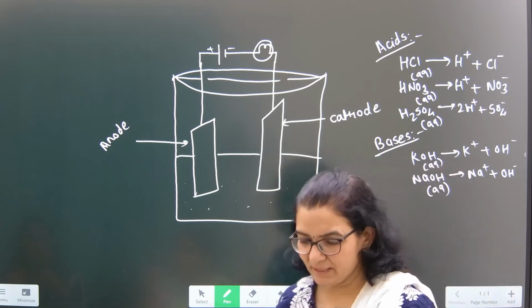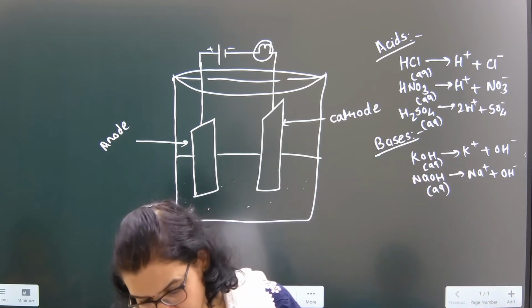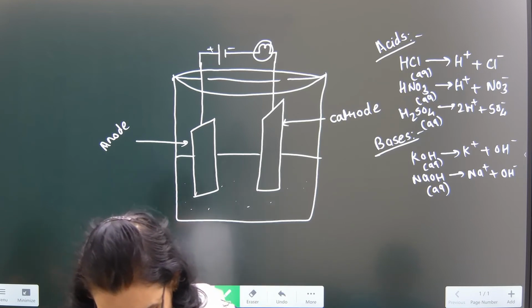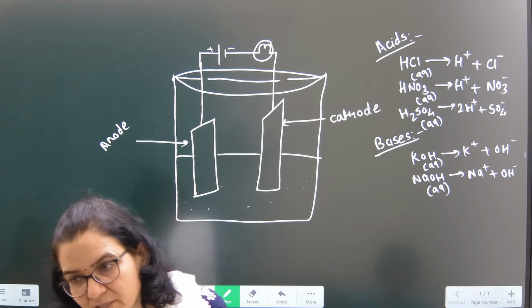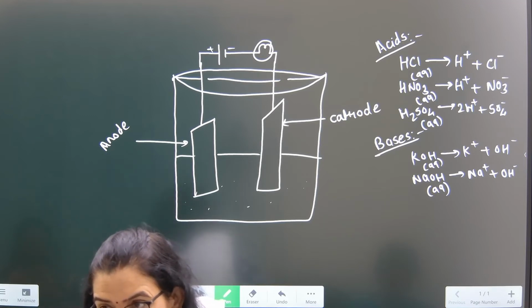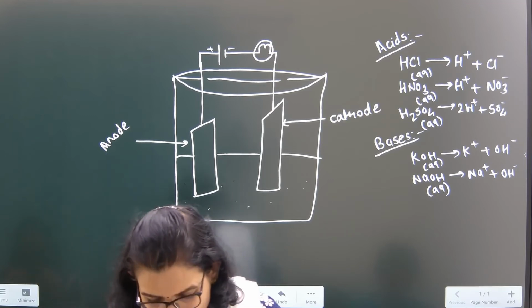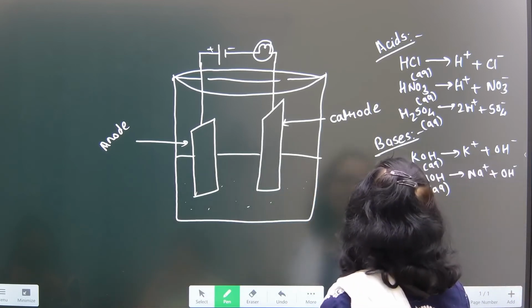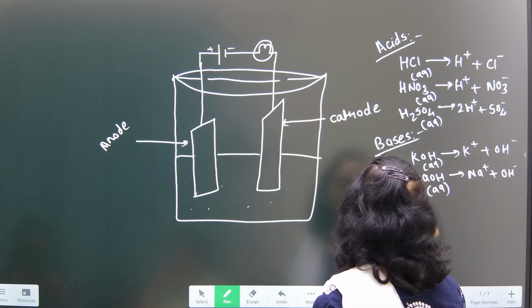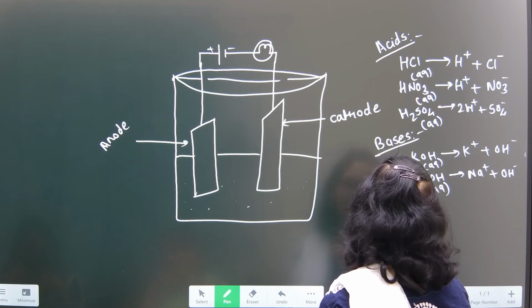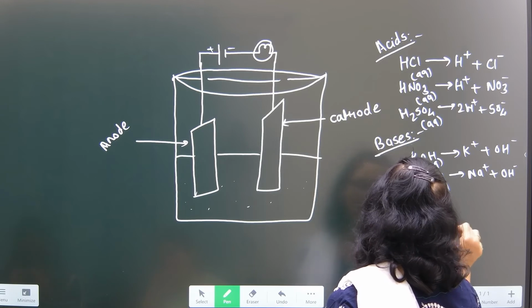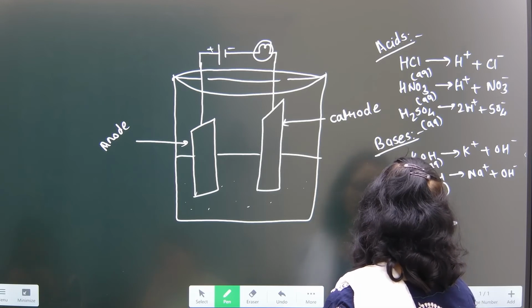Okay. Then what about the salts? The different salts, strong electrolytes: lead bromide, copper chloride and silver nitrate. Lead bromide PbBr2, silver nitrate AgNO3.